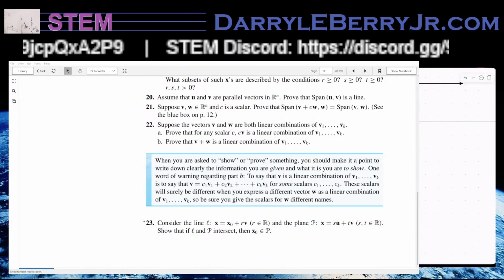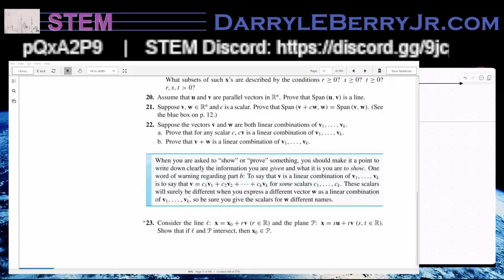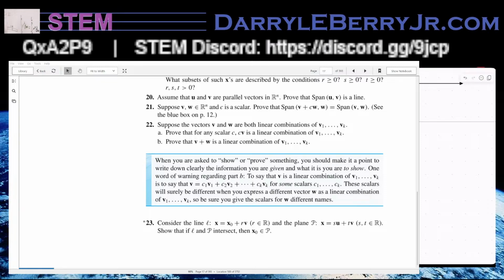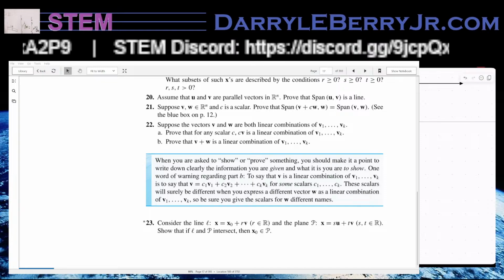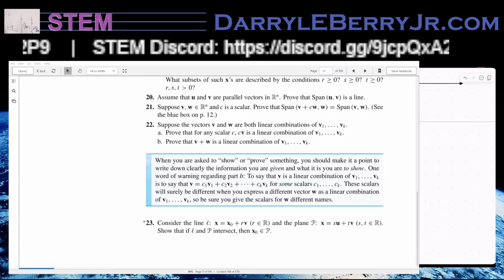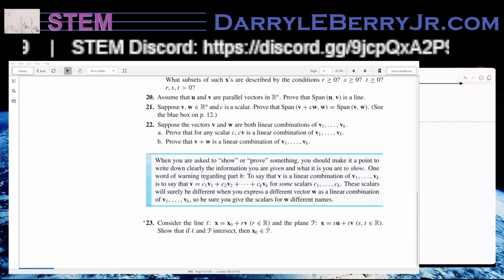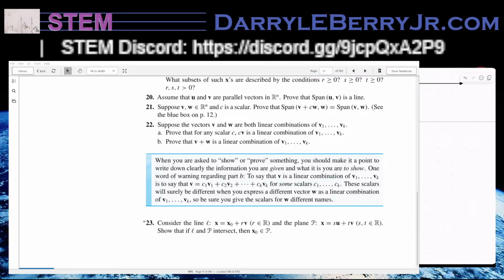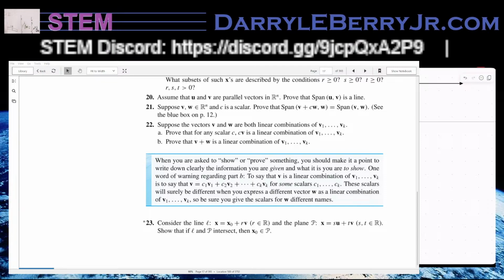So it says, the line L is x equals x0 plus rv, and r is a real number.